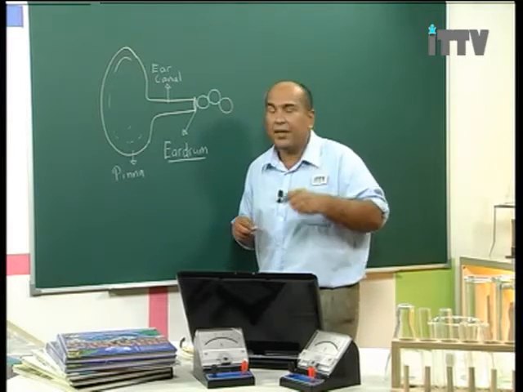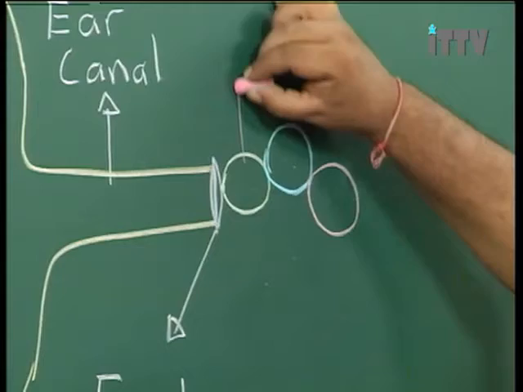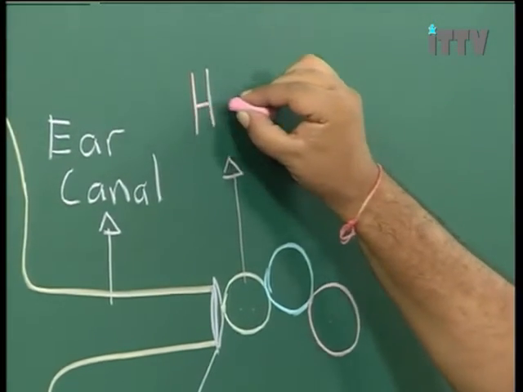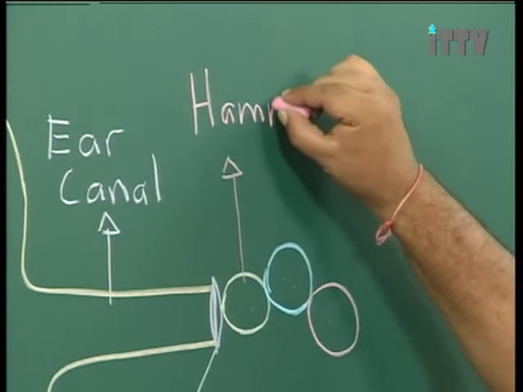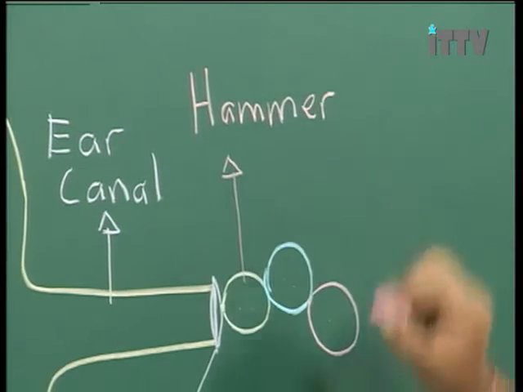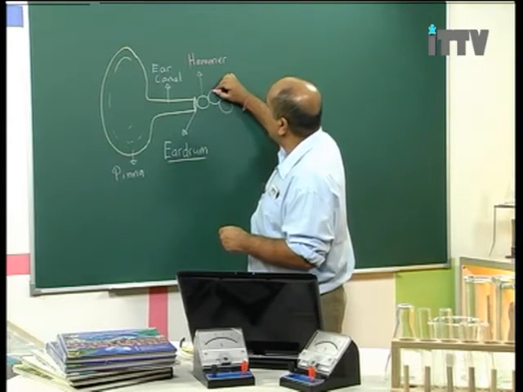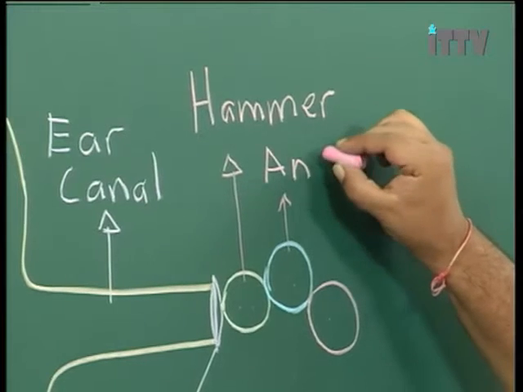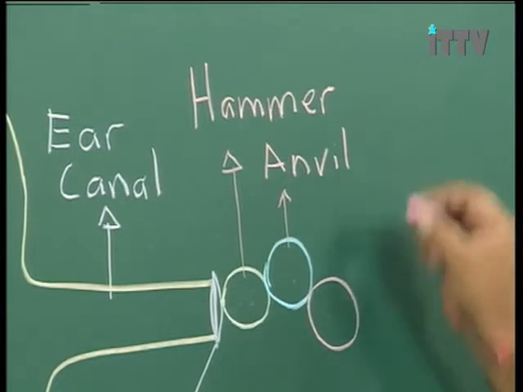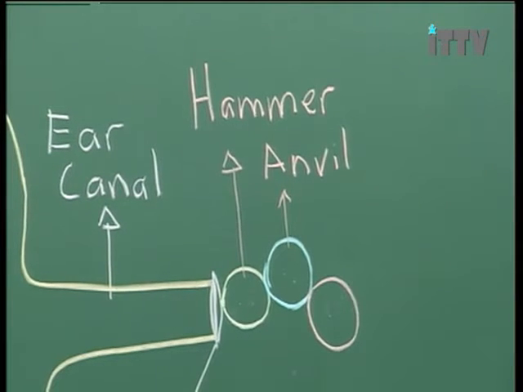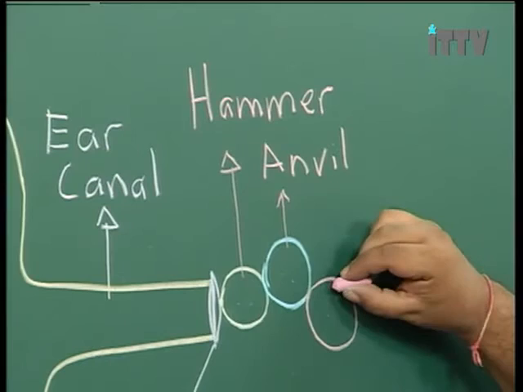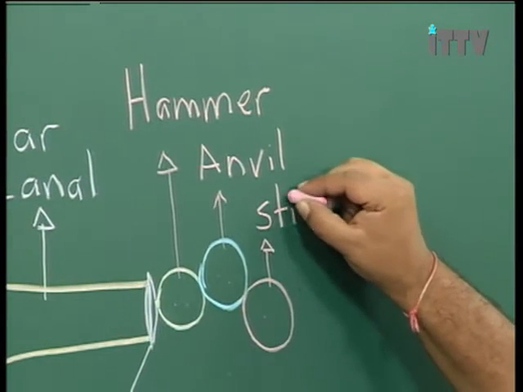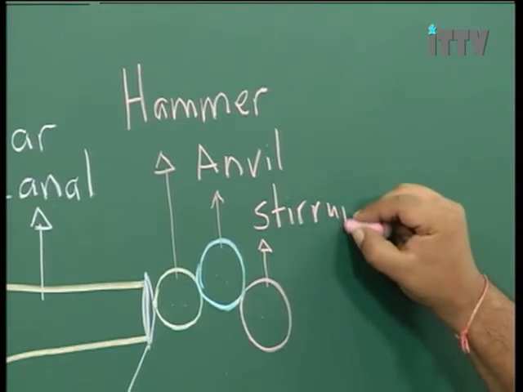Now, let's name them. The first one up here is the hammer. The second one over here is the anvil, and the third one here is the stirrup.